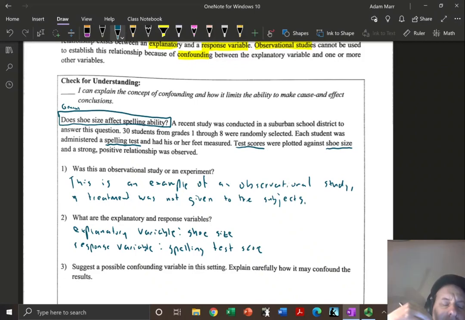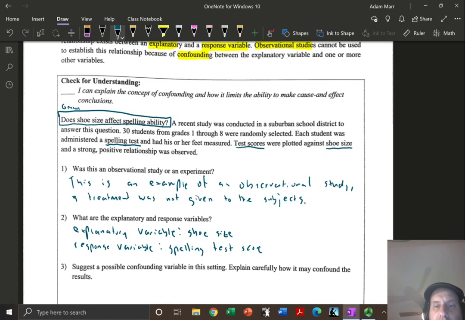Now, the issue there is that's the population. So they could say, in the conclusion, if it was an actual experiment, you could say, all right, this is only for students like those in the study of suburban school districts.